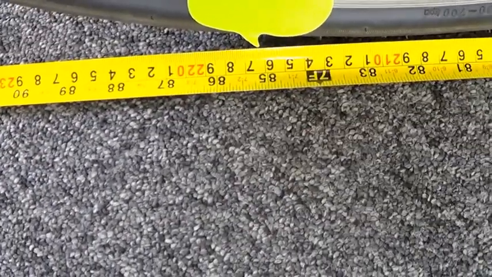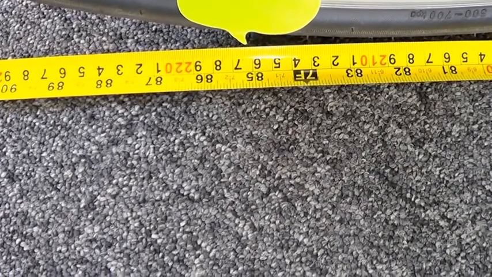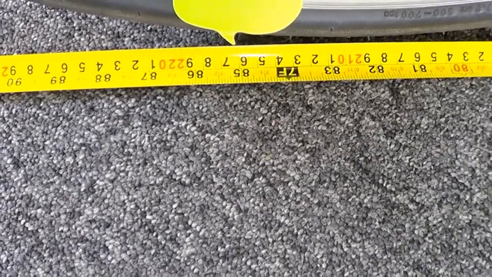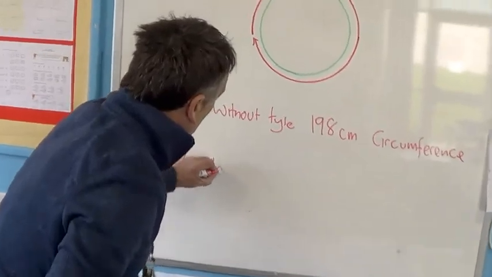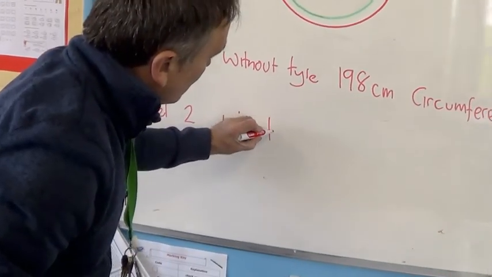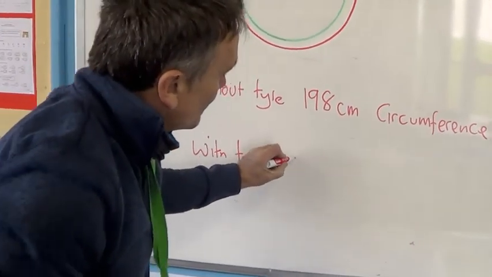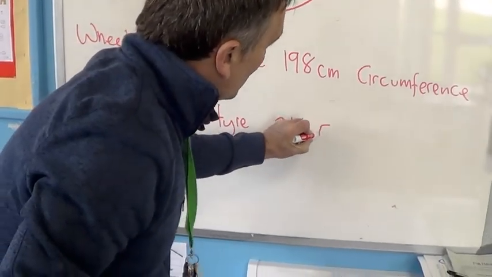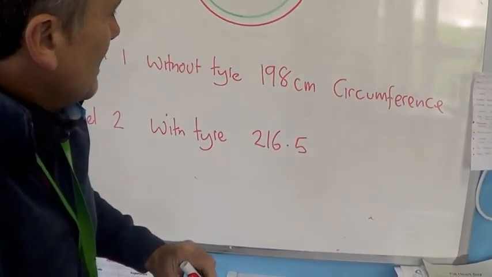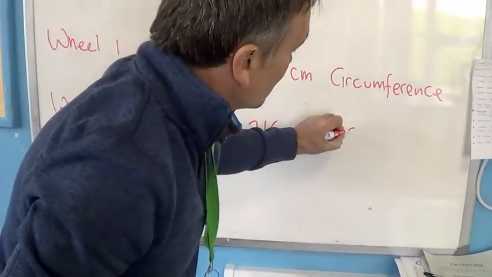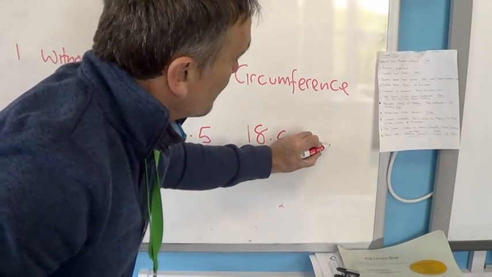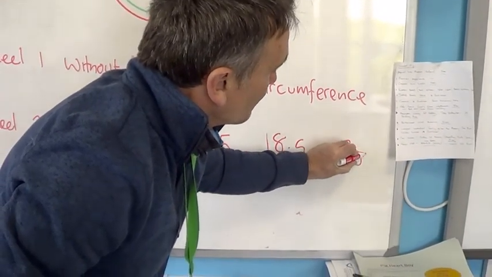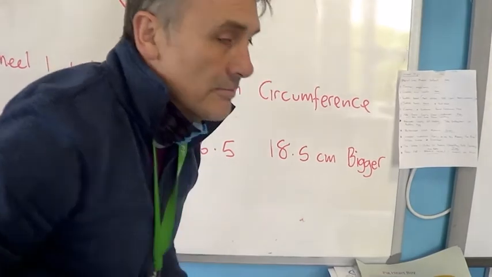I would say that's 216.5. 216.5, which is, what's that, 18.5 centimetres bigger.